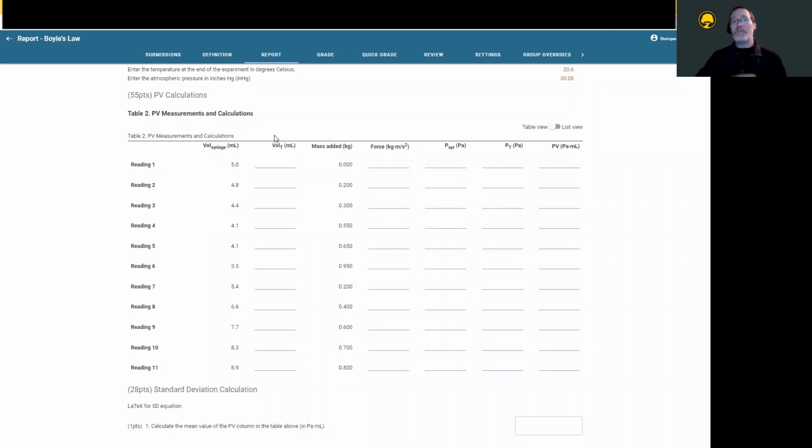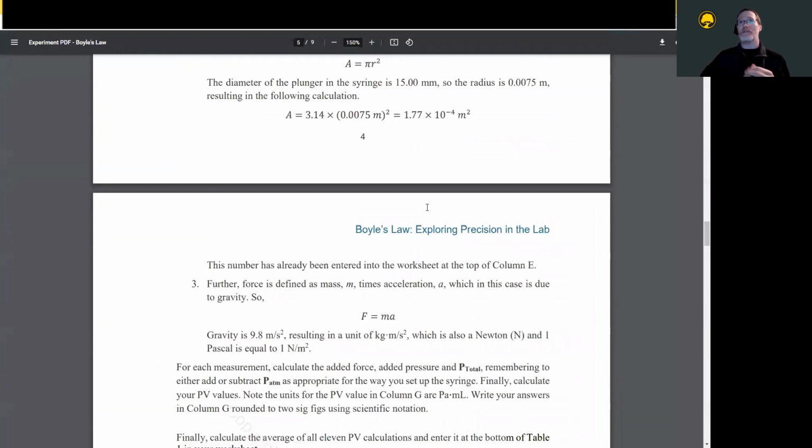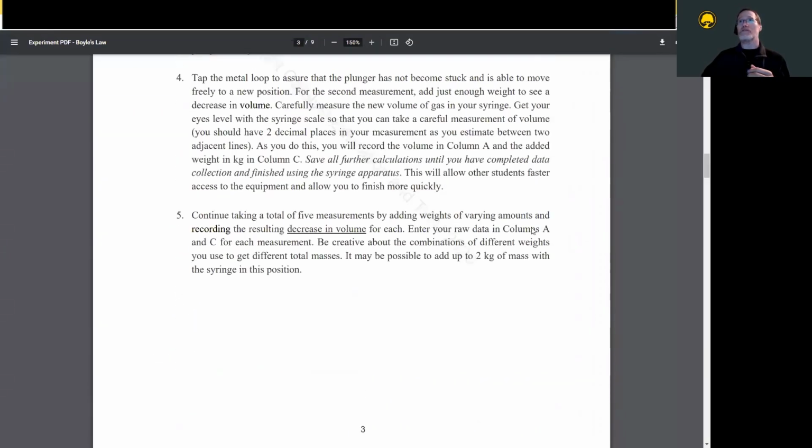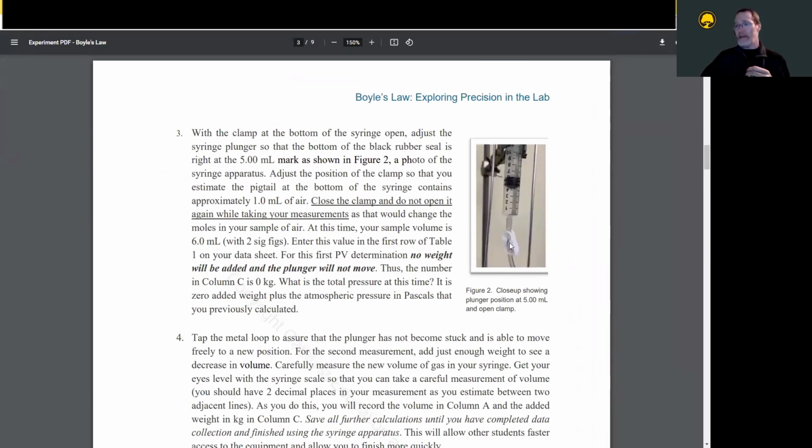What's volume total? They tell me in the text, the way this thing is set up, if I scroll back to the picture, sorry for the scrolling, I had to clamp this thing to make it a sealed system. So I'm only dealing with the gas that's inside this container here. And they tell me to put this clamp somewhere where I think there's about 1 extra milliliter from the bottom of the syringe to here.